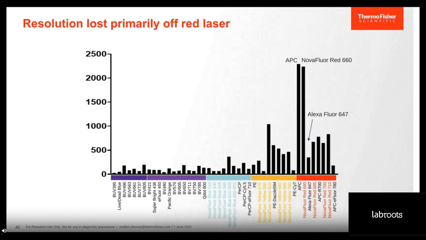One of the places the resolution was lost most, unsurprisingly somewhat, is because there are only 8 detectors off of the red laser. You can see that APC and NovaFluor Red 660 have a lot of spread, and probably AlexaFluor 647 contributes to this because you have these 3 dyes in very close proximity.